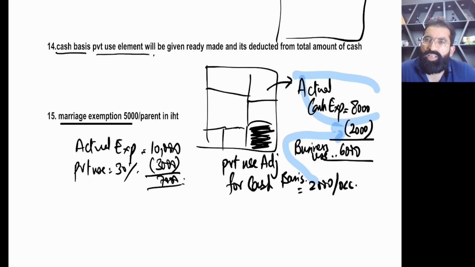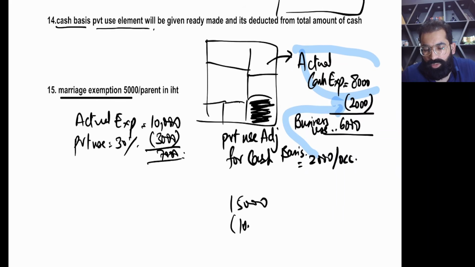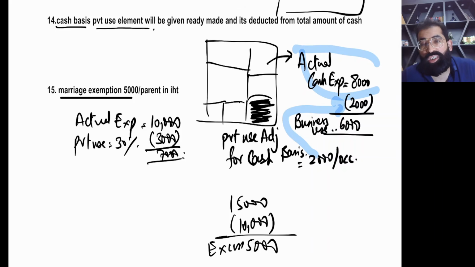Okay. So if husband and wife are gifting like 15,000 on the marriage occasion, then out of this 15,000, a total of 10,000 marriage exemption will be deducted: 5,000 for husband, 5,000 for wife. Now the excess is 5,000. With the excess we need to deduct annual exemption. And yes, for husband a separate annual exemption is available, for wife a separate annual exemption is available, right?